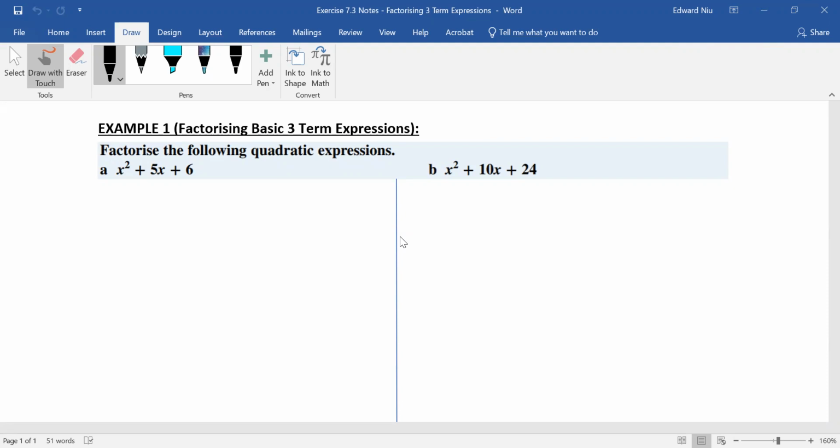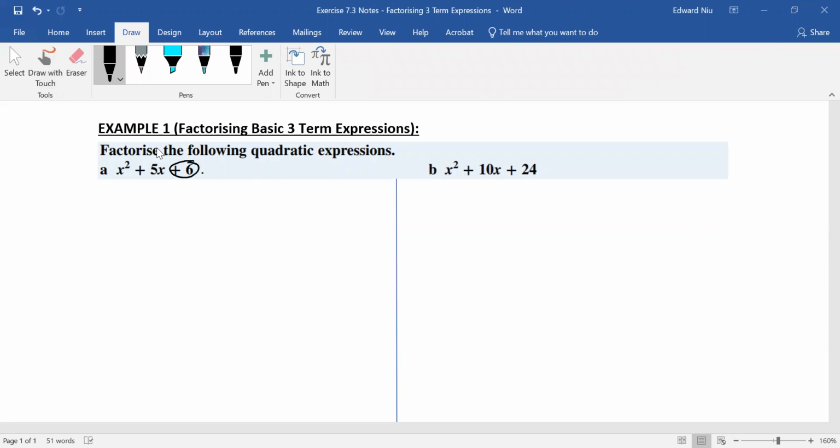The first step to factorising these simple three-term expressions is you need to look at the constant. So we circle the constant. Okay, let's undo that. We actually want to circle the plus or minus symbol in front as well.